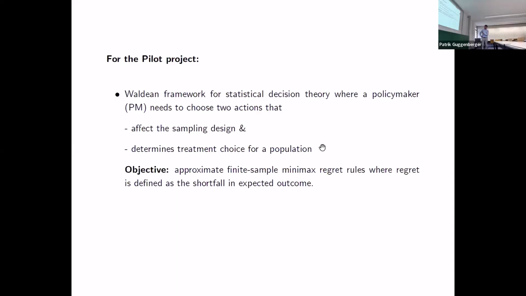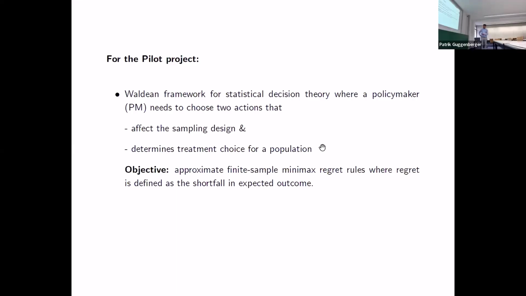And here we're looking at a Waldian framework for statistical decision theory, where the policymaker actually needs to make 2 decisions. The first decision affects the sampling design. I'll give an example in a second. And then ultimately, the second decision is for the policymaker to choose a treatment for the population.